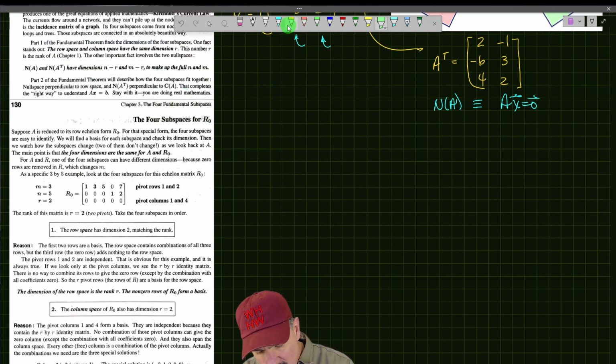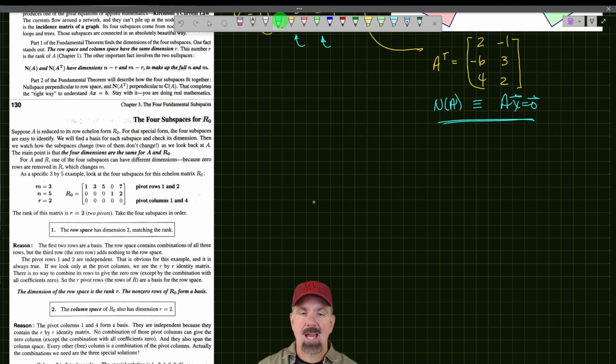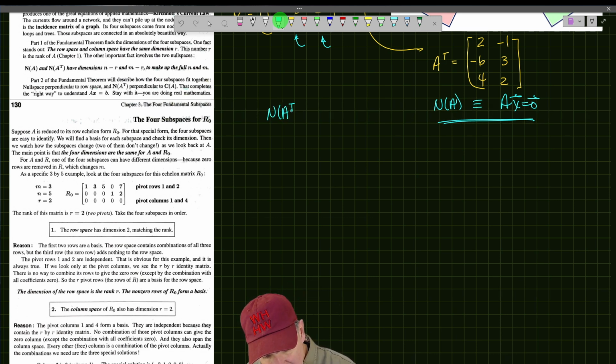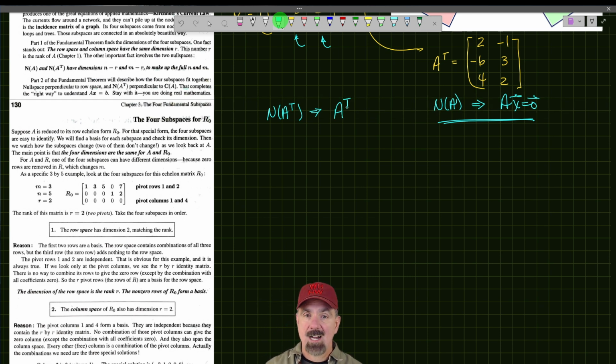You know that when we are solving for the null space of A, we are solving Ax equals 0. Well, if we want to solve for the null space of A transpose, we're going to end up solving A transpose times a vector equals 0, and that's really the y vector.